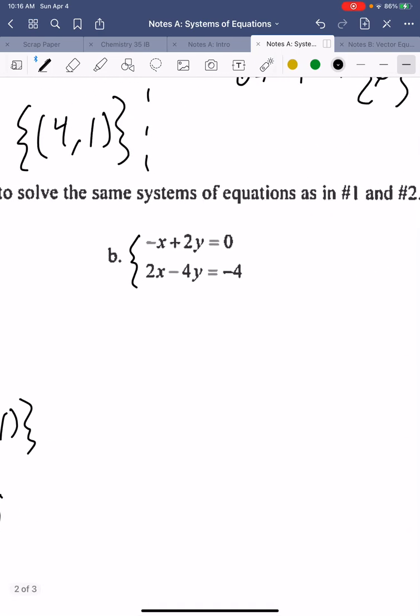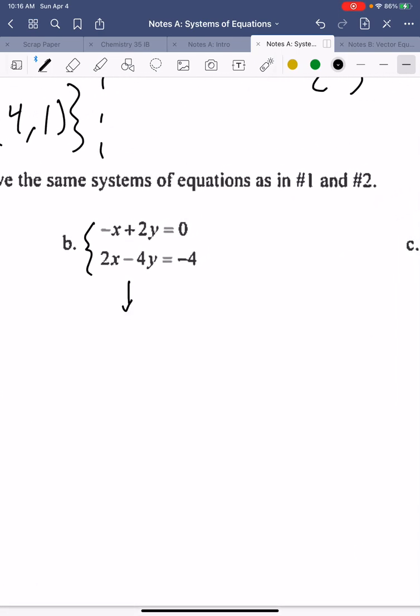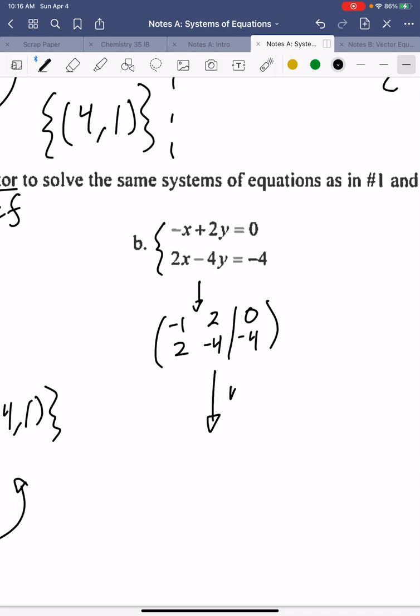Okay, let's do it to this guy. So step 1, turn to a matrix. So -1, 2, 2, -4, 0, -4. Okay, so arrow RREF equals, let's see, 1, -2, 0, 0, 0, 1.